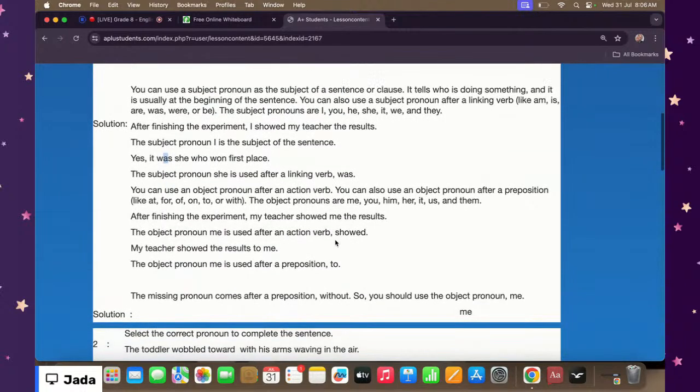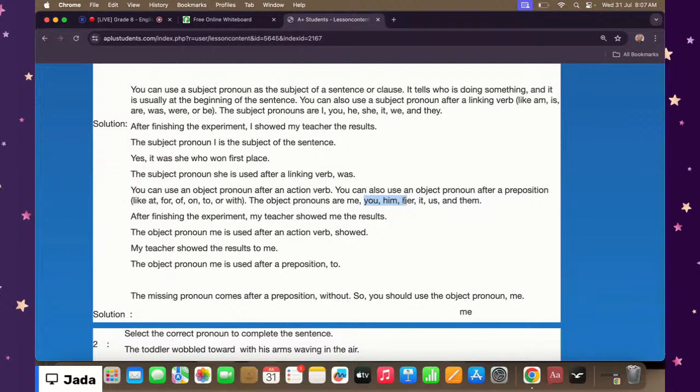You can also use an object pronoun after a preposition. You need to use the object pronoun after prepositions like at, for, on, off, to, or with. The object pronouns are me, you, him, her, it, us, and them.